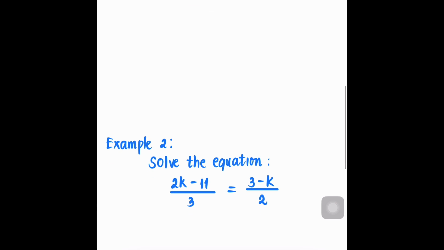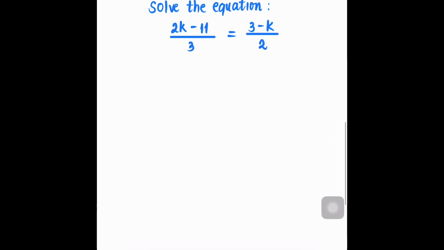Example number 2. Solve the given equation. The given equation is (2k minus 11) over 3 equals (3 minus k) over 2. Now, this is a different example. As you can see, we're given rational equations. When you say rational, you're actually dealing with fractions.